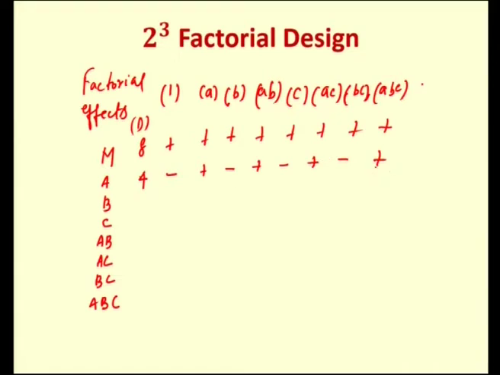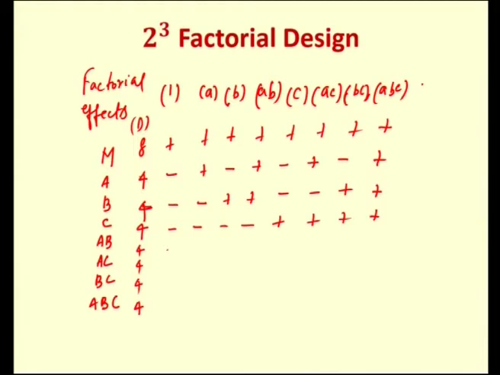So, we have 4 positive signs, and for B it is minus, the divisor is again 4, minus, minus, plus, plus, minus, minus, plus, plus, and for C the divisor is again 4, minus, minus, minus, minus, under the treatment mean C we have plus, plus, plus, plus, and for AB, AC, BC and ABC we have the divisor as 4, 4 and 4.